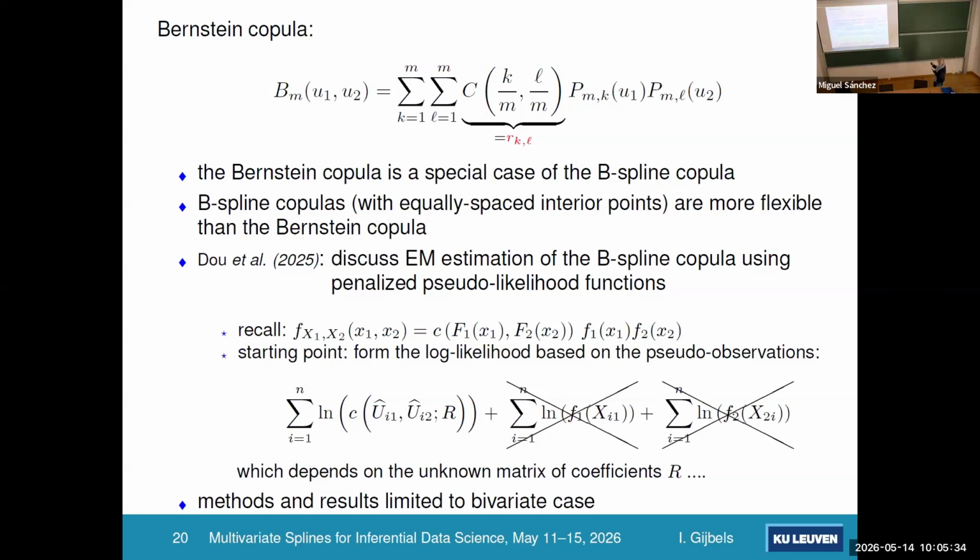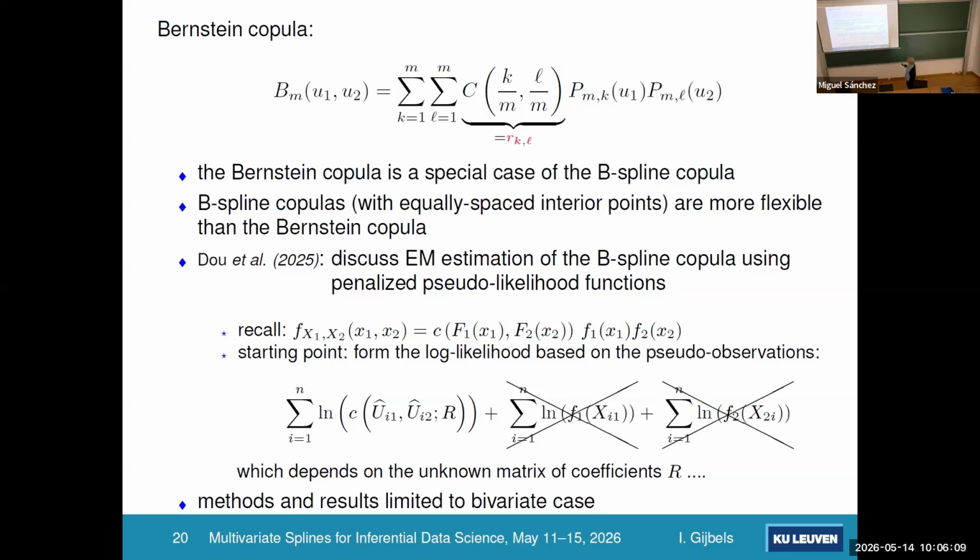A way to do that, and I'm really not going into detail here, which is how it's done in this paper, is that remember that we have the bivariate joint density, which you can express in terms of the copula density, if it exists, of course, times the product of the marginals. Now, if I have a joint density, I can write down a likelihood. But don't forget that I don't have observations on these u's, but no problem, I use the u hats everywhere.